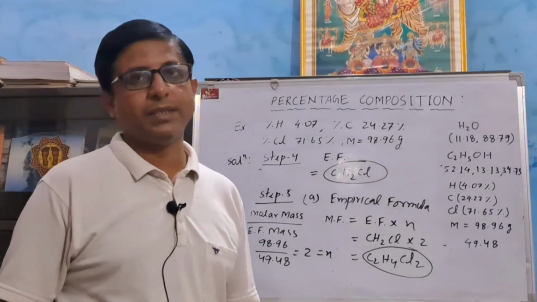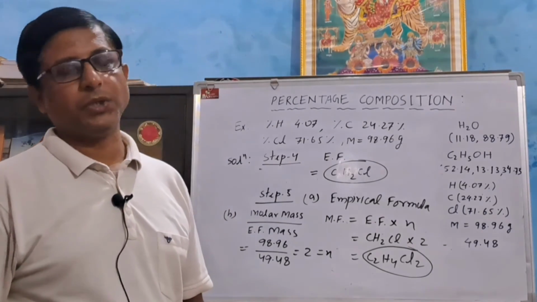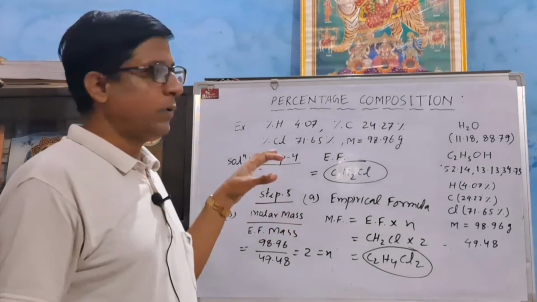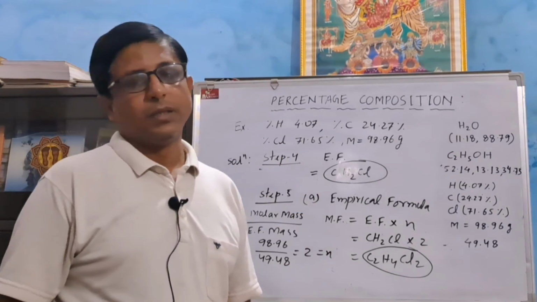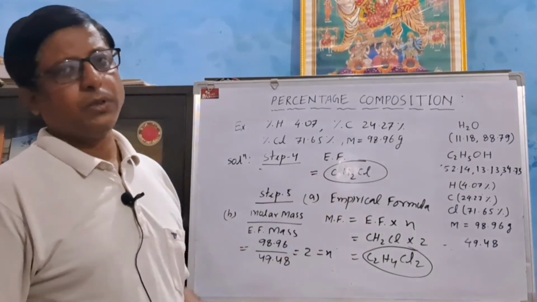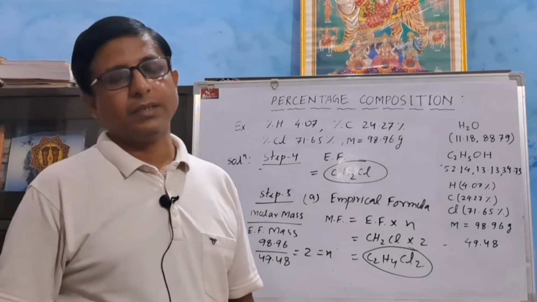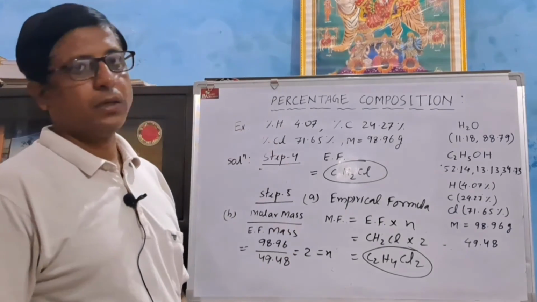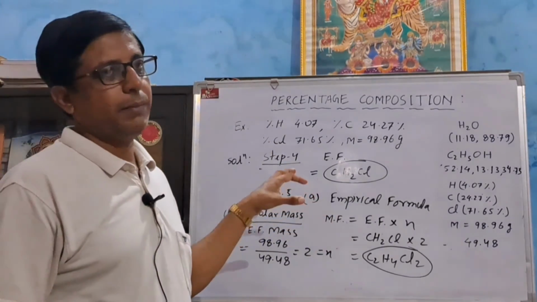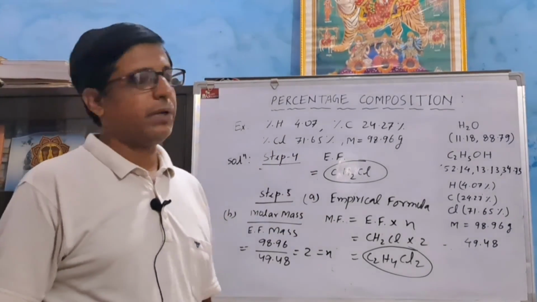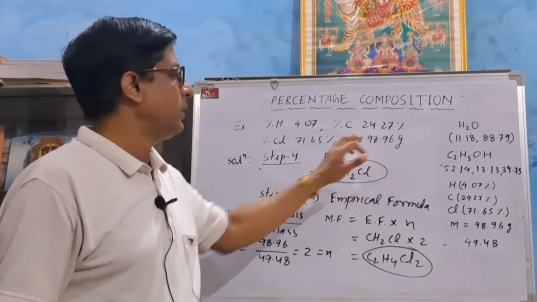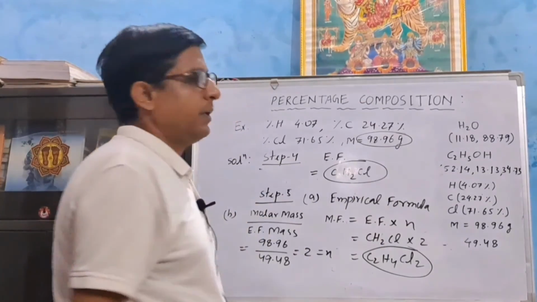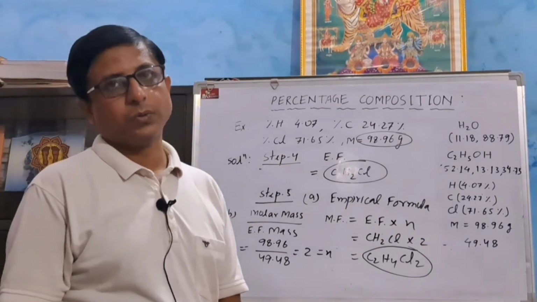The empirical formula represents the simplest whole number ratio of different elements present in a compound, while the molecular formula gives the exact number of different elements present in the compound. By using the percentage composition data, we can obtain the empirical formula, and if we know the molar mass of the compound, then we can determine the molecular formula also.